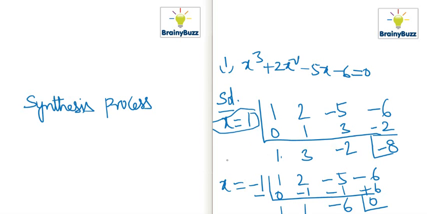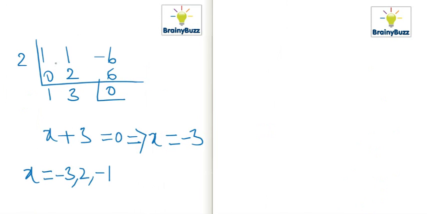Now try another root, x is equal to minus 1. 0, again 1 ones are 1, minus 1. This is the root because this is a 0. One term is excluded. That means here the x square term, the x term and the constant term.